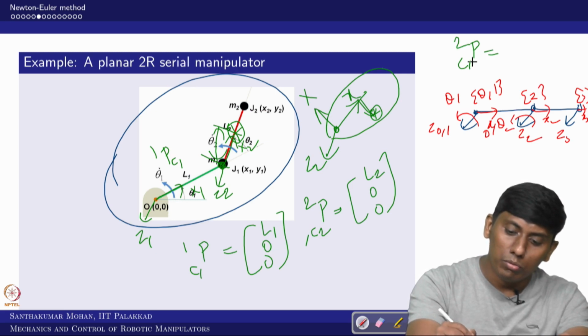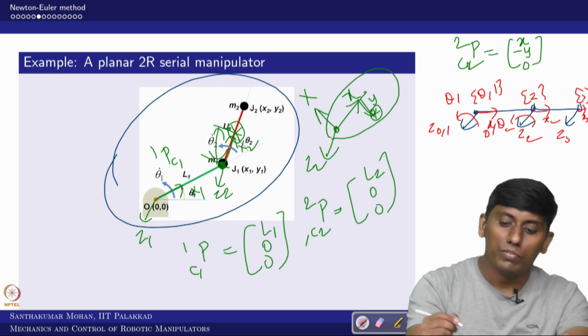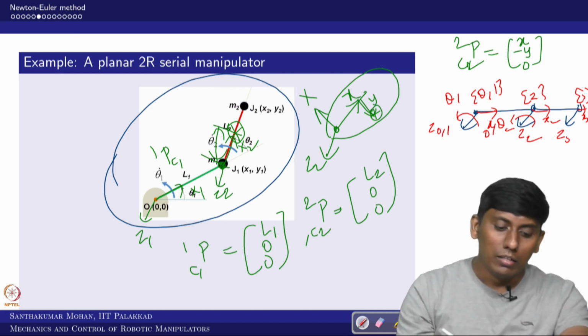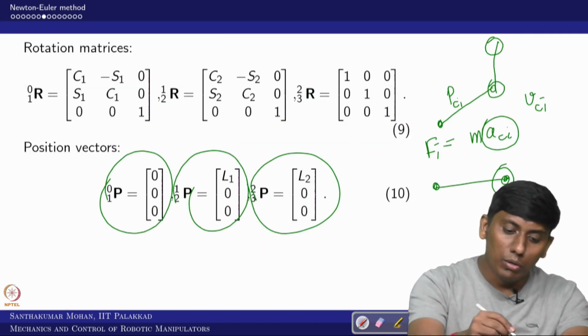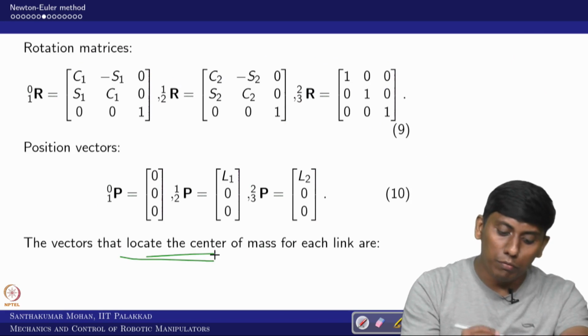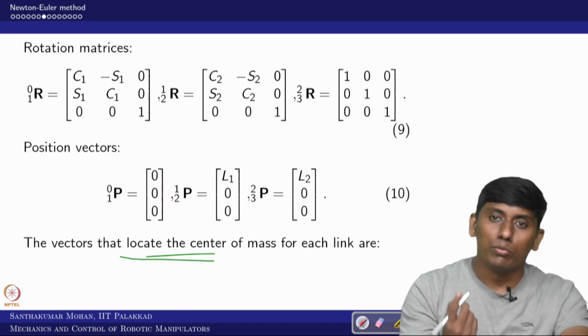With respect to frame 2, this would be x and minus y, the values I say, and 0. Please be clear, this is with respect to the link. That is also what we are trying to find out. So in this case PC1 would be L1 0 0, PC2 would be L2 0 0. In this case there are only 2 links.